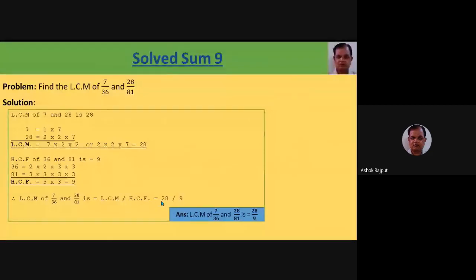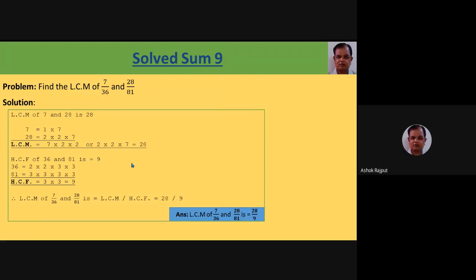As we have found that the LCM of numerators is 28, we have written here, and the HCF of denominators is 9. So the answer is 28 by 9. In such a way we can find the LCM of fractions, as the concept is written already. Have you understood? So such types of questions you will practice more and more.